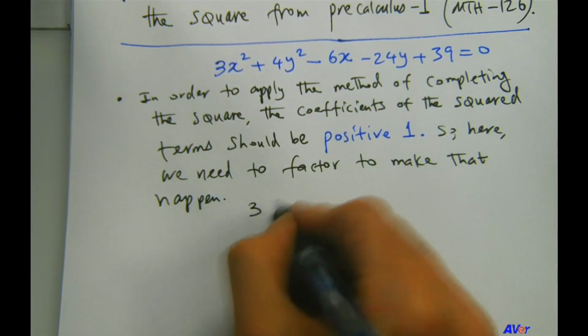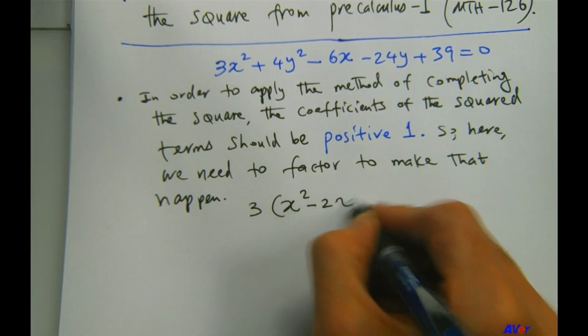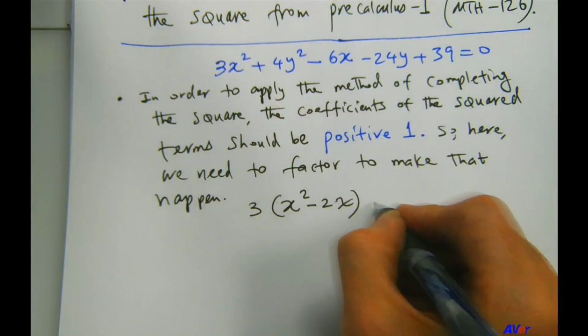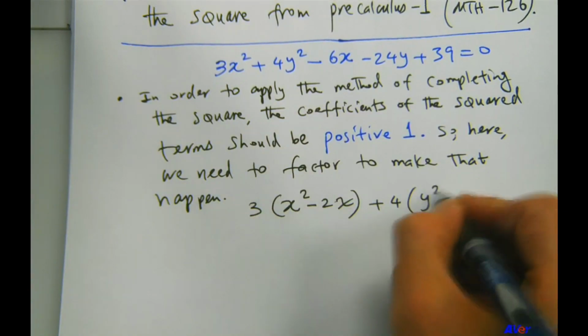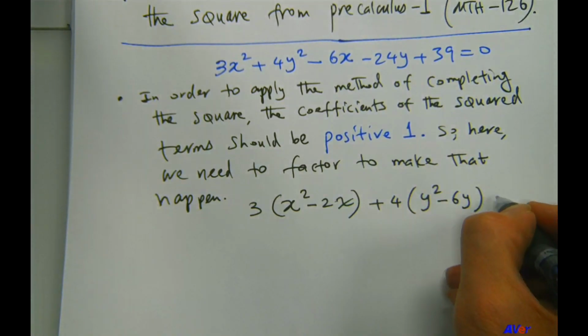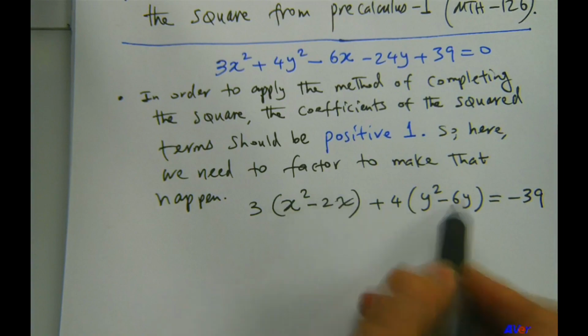So we're going to have 3 times (x squared minus 2x), putting these together, right? And then plus 4 times (y squared minus 6y) equals minus 39. So I think so far you followed from the example I did. But then how do we then complete this square here?